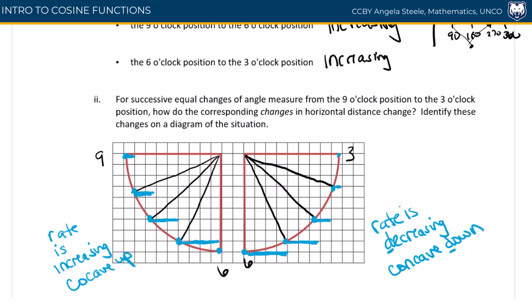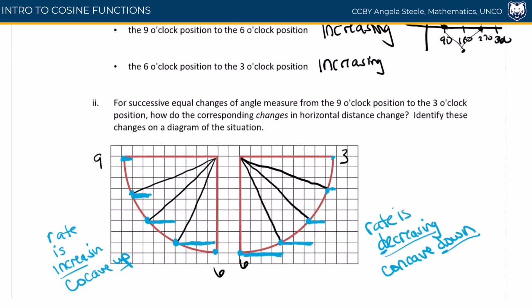And if you don't remember the concavity, that's just a quick little refresher. Anytime the rate is increasing, it's going to be concave up. So increasing means concave up. Decreasing means concave down. All right, so then we'll formally draw it here in just a second. But if we look at the 9 o'clock to the 6 o'clock position, so that's going to be from 180 degrees to 270 degrees, we said that it's going to be concave up.